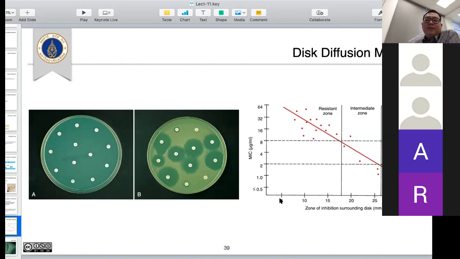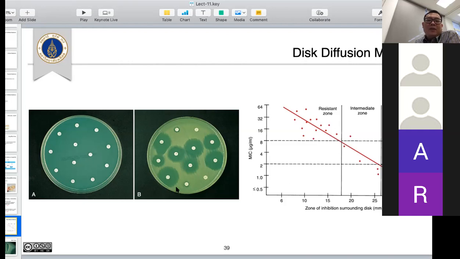We start from 6 millimeters, because the disc itself has a 6 millimeter diameter. If you observe nothing, that means 6 millimeters, okay? A very small clear zone here is resistant.